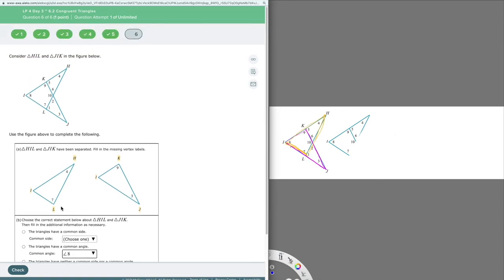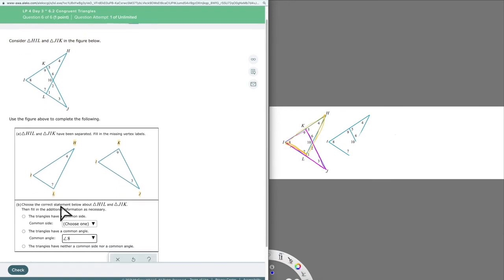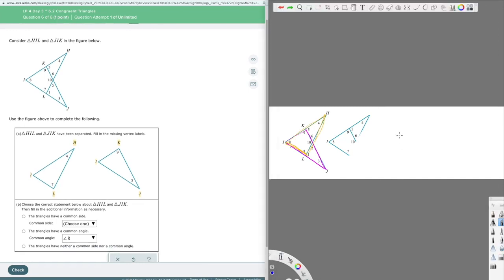And one of the reasons for that is when we're going through and doing proofs, what I would write on the proof if I wanted to show that those two angles were congruent, I would say angle 8 is congruent to angle 8. Sounds a little redundant because obviously the same angle, they're equal to each other, but remember in a proof, if I don't state it, it doesn't exist. So I have to state a shared side or a shared angle.